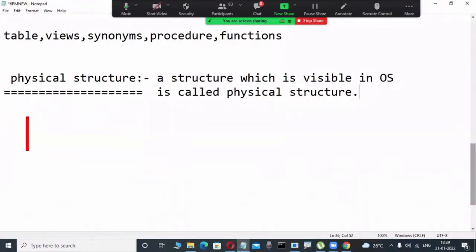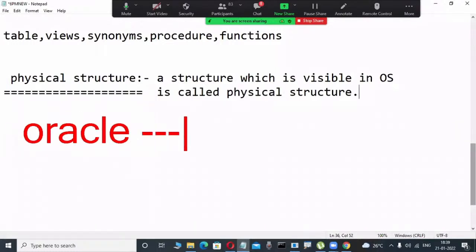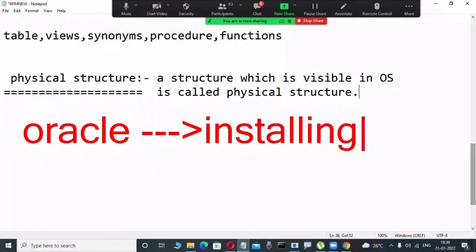Suppose PowerPoint, MS Access, MS Word, anything we are loading, physical files are created. Same like in our software, Oracle is a relational database software. MySQL, SQL Server, we are installing, for example. Whenever I'm installing, automatically physical files are created.